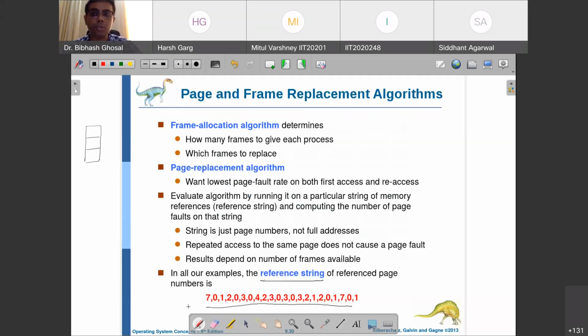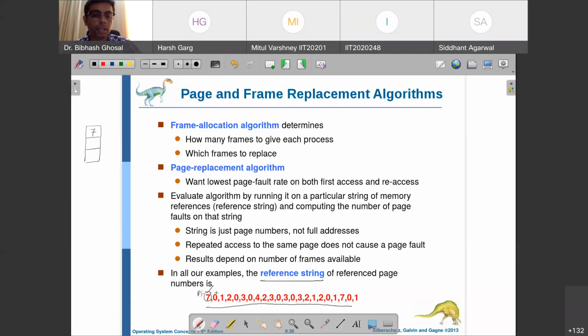Suppose I decide to use the demand paging scheme. First page 7, is it there in the frame? No, I will put it. So first I will have a page fault. I will bring the page and keep it in one of the frames.